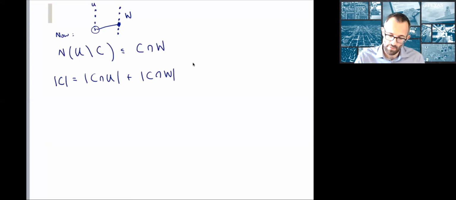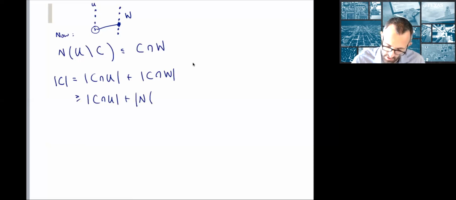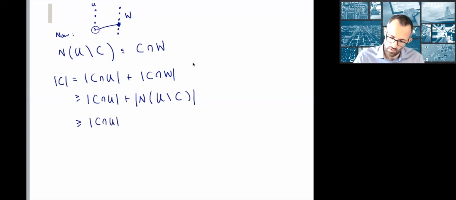And then by the above containment, this has to be greater than or equal to the cardinality of C ∩ U plus the cardinality of the neighbors of U minus C. And this, in turn, is greater than or equal to the cardinality of C ∩ U plus the cardinality of U minus C. Now, where did this come from?